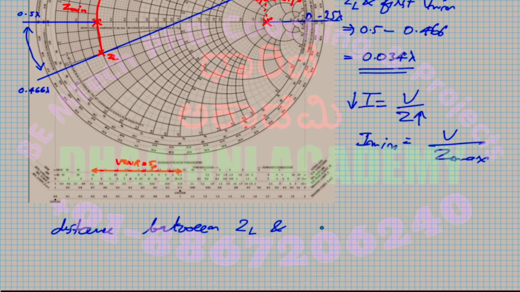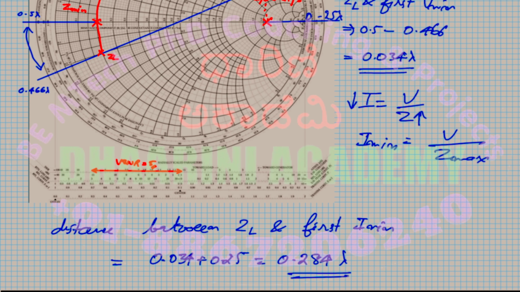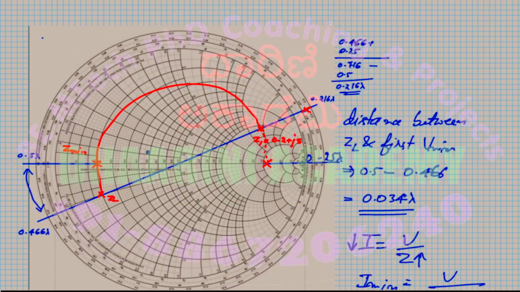So I simply can write: the distance between ZL and the first I minimum is equal to the first distance we calculated, that is 0.034, plus 0.25. So that is 0.284. It's not minus, because I started from ZL and I keep moving towards the generator.